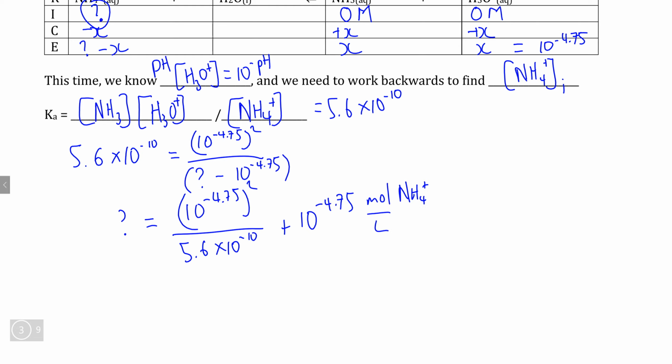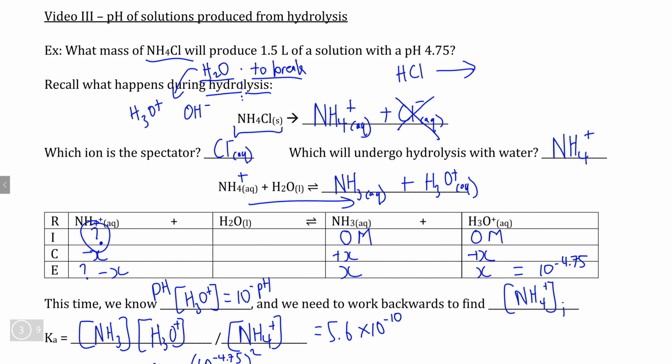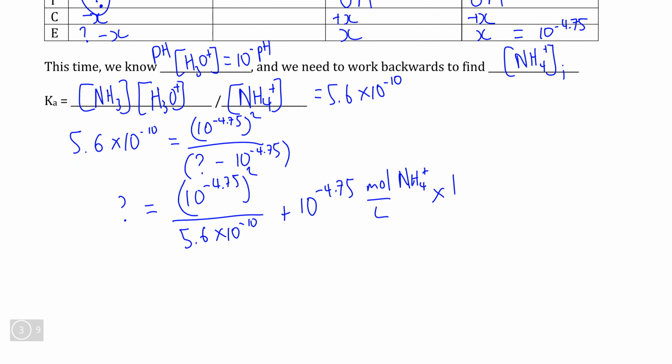We need to find the mass of ammonium chloride. So to do that, we need to multiply by the volume of the solution that we're dissolving ammonium chloride in, which is 1.5 liters. And then we need to multiply by the molar mass of ammonium chloride.